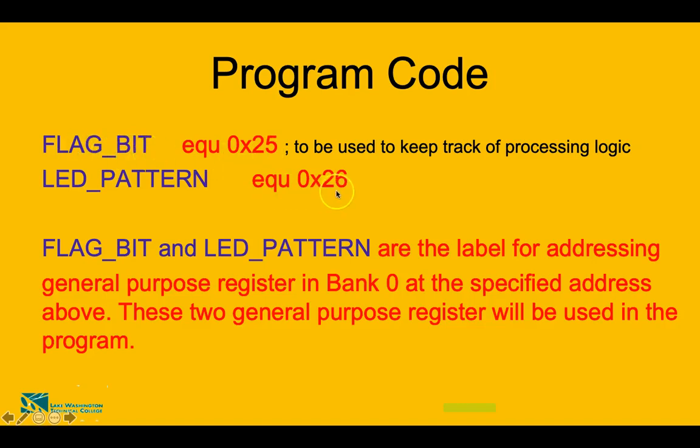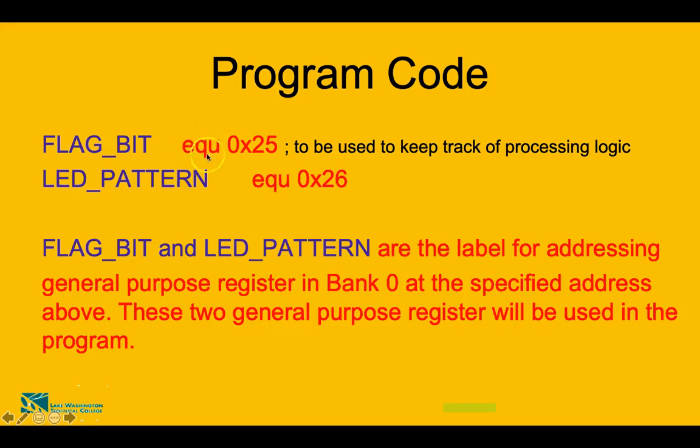And there is another register which lies at the 26 hexadecimal position. We have used that register and named it LED underscore pattern. And EQU is a constant directive. These are assembler directives, used to define the constant.